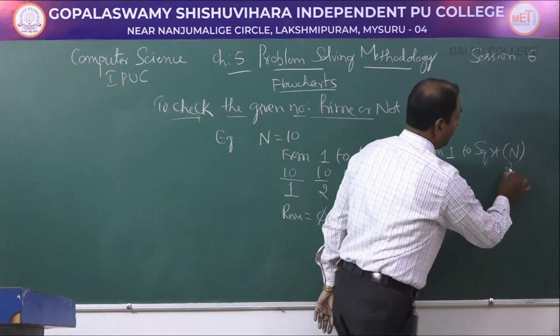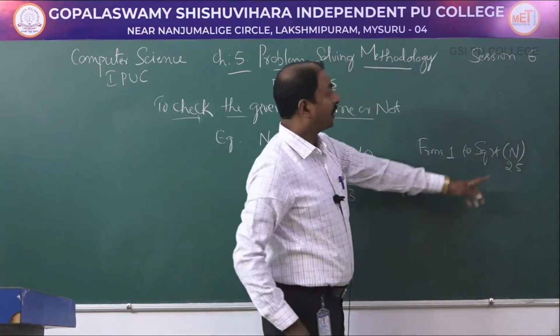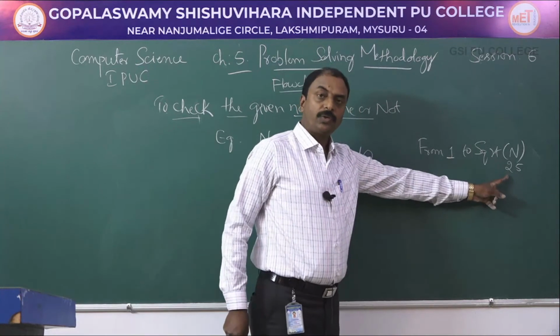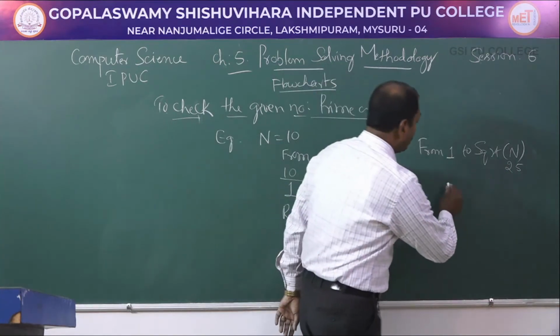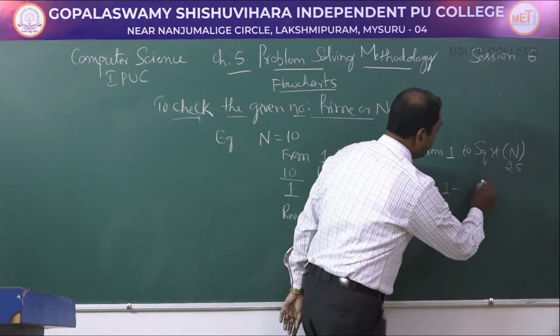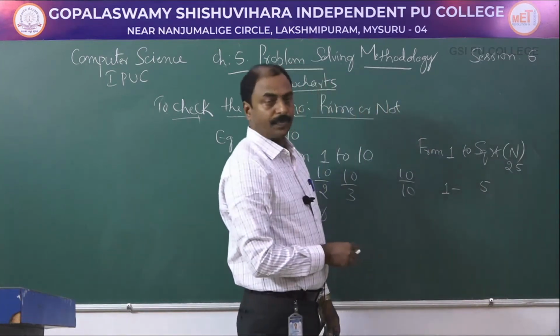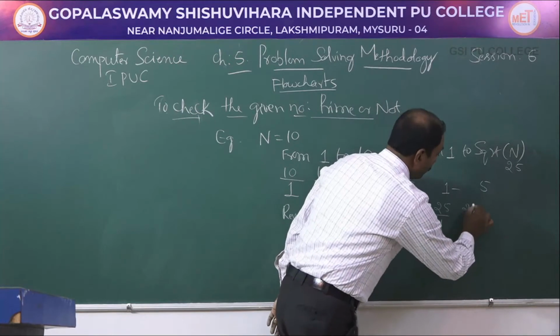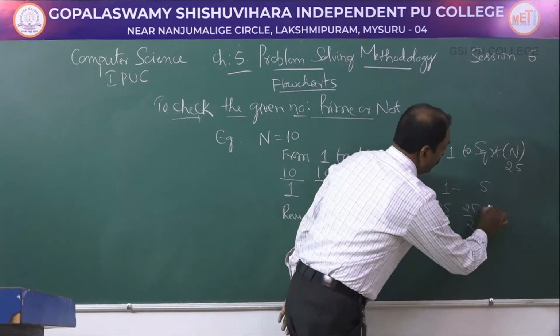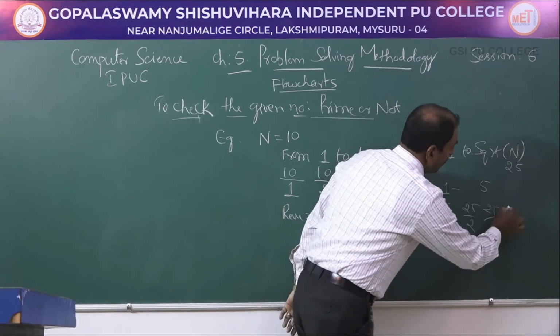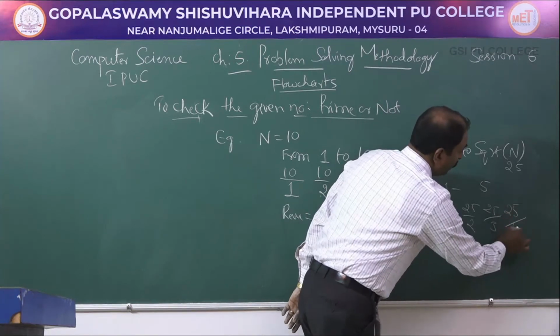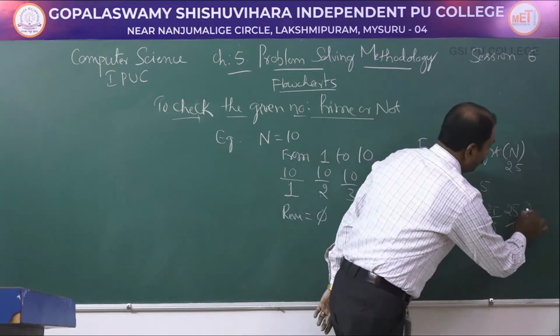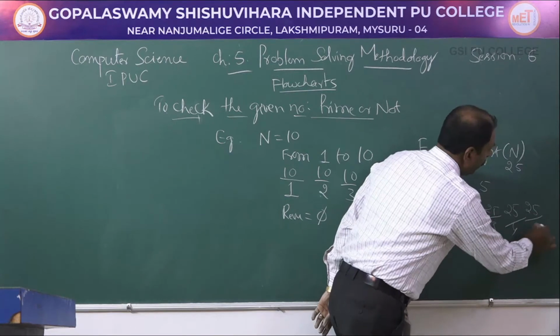For example, if n equals 25, what is the square root of 25? It is 5. It is sufficient to divide from 1 to 5, meaning 25 by 1, 25 by 2, 25 by 3, 25 by 4, and 25 by 5.